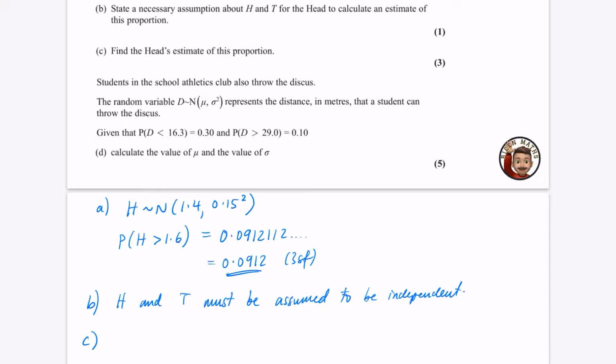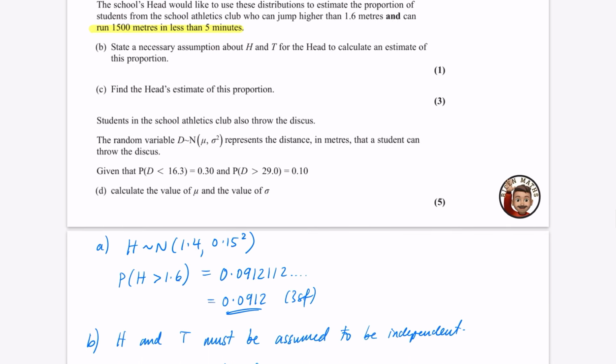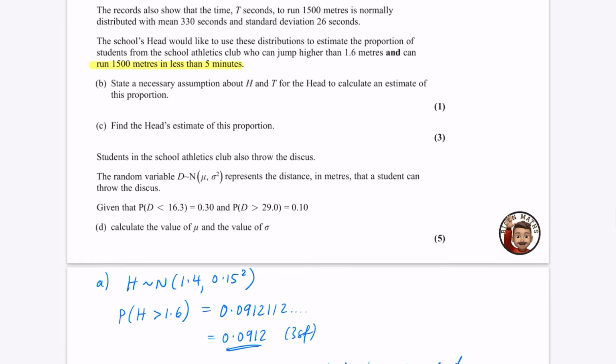It's actually going to say work it out. So we're trying to find the probability that H is greater than 1.6 and the probability that the time to run the 1500 meters is less than 5 minutes. Now, if you did less than 5, that's not going to be good, because the whole thing is in terms of seconds, 330 seconds, 26 seconds.